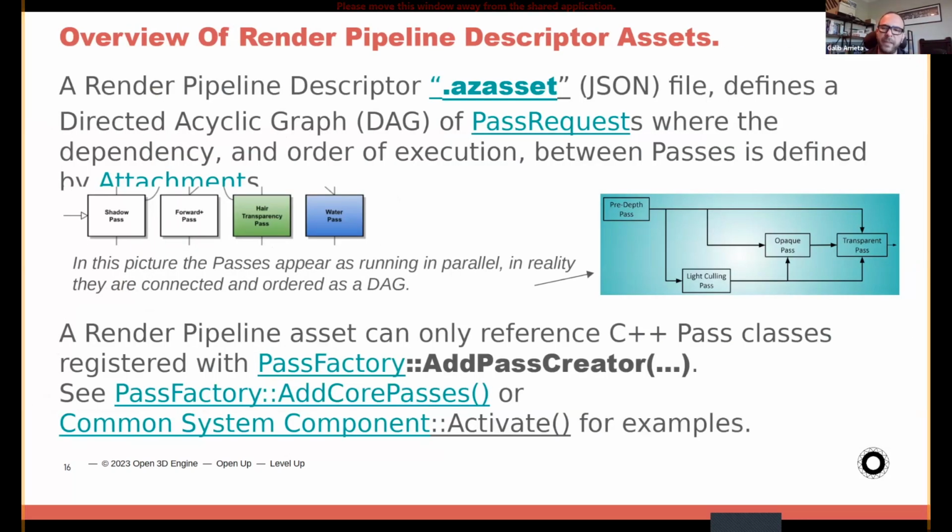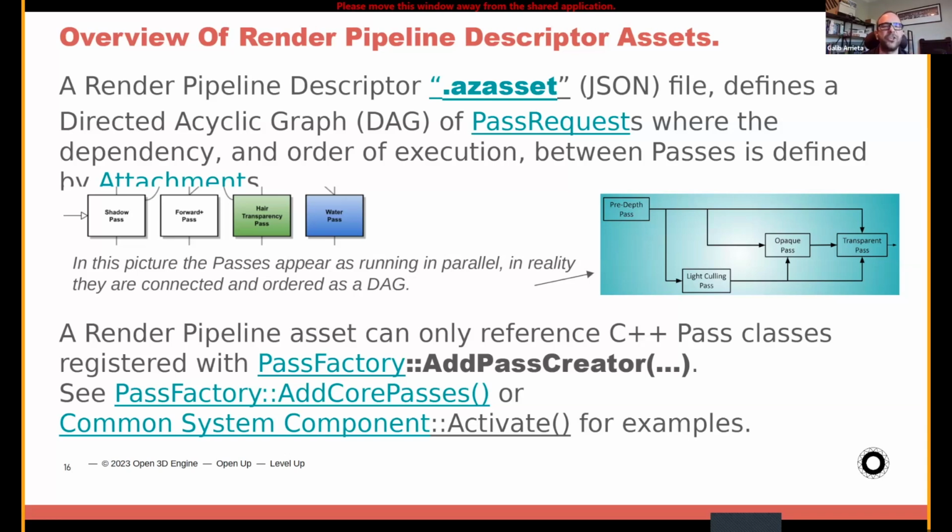Okay, so the first thing about enabling a render pipeline is that it is an asset, which is officially called a render pipeline descriptor. It has the extension AZ asset and is a JSON file that describes a directed acyclic graph.